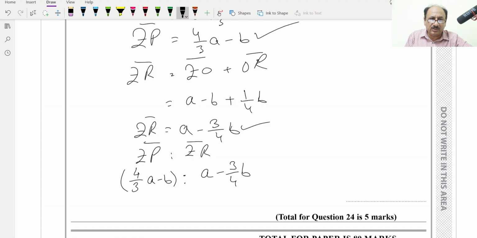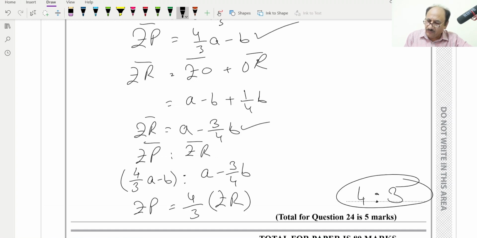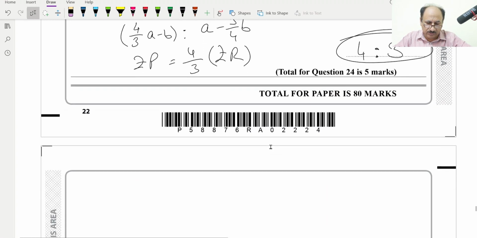And from here, if we see, ZP is equal to 4/3 of ZR. If we multiply ZR by 4/3, we will get ZP. So it means ZP is 4 ratio ZR is 3, so the answer will be 4 to 3. Hopefully you understood this question.